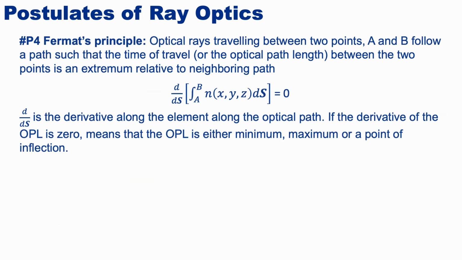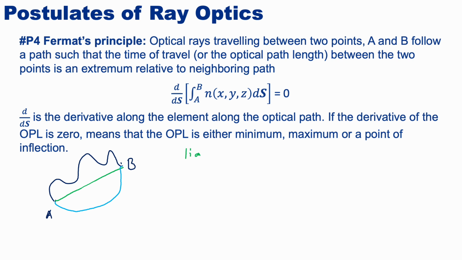The Fermat postulate tells us how light actually travels. Again, we go from A to B, but there are many possible paths to get there. I'll draw a straight line or even some kind of parabolic or quadratic path. We know that the derivative of the optical path length is going to be 0.